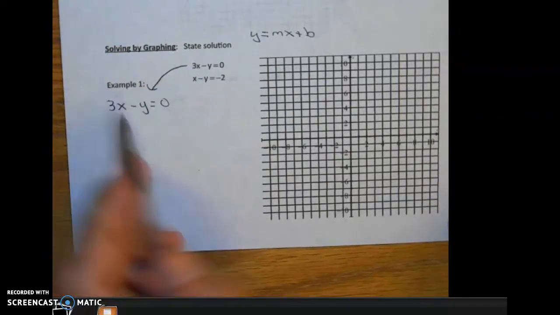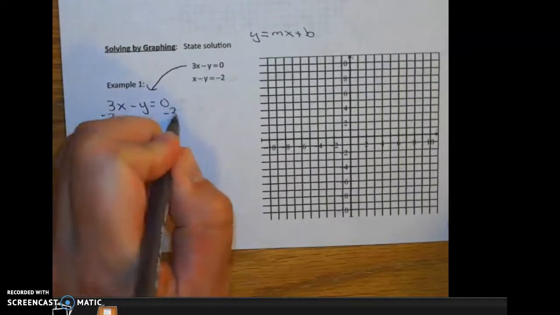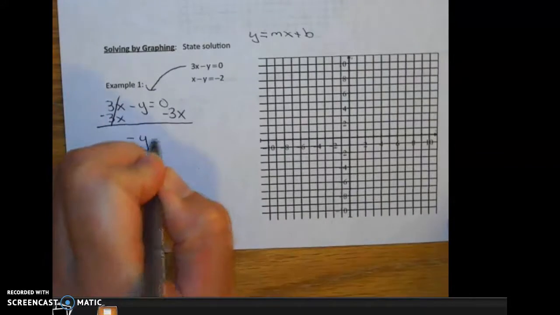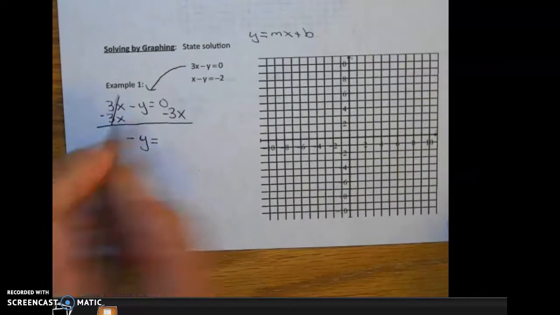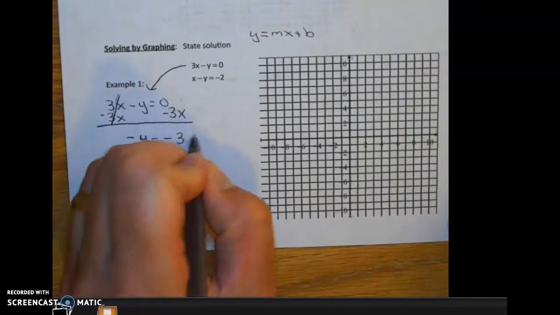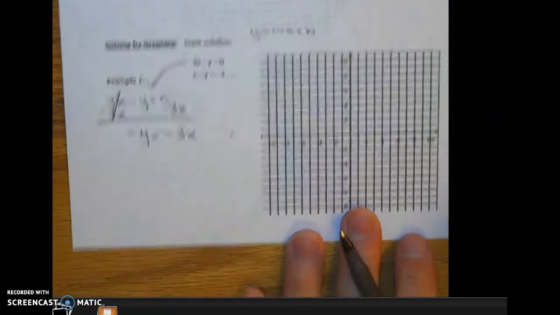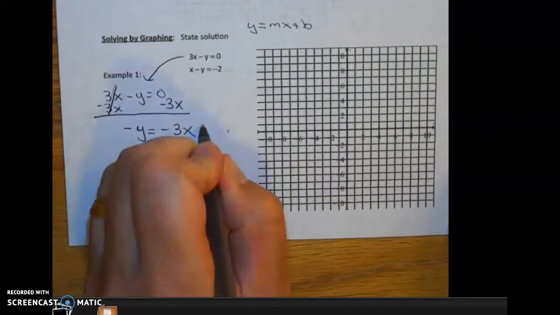We want to get y by itself, so we're going to cancel out the 3x by subtracting it. Notice that minus comes down on the y as a negative when this cancels out. The 0 is over here. That's our constant, but we do not have to write 0. You can if you want to.